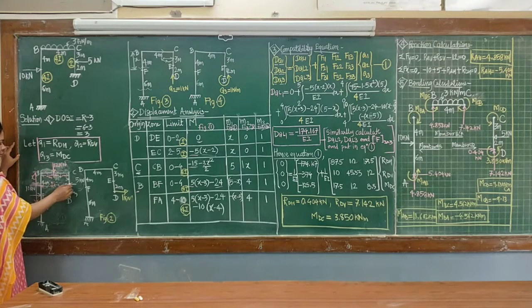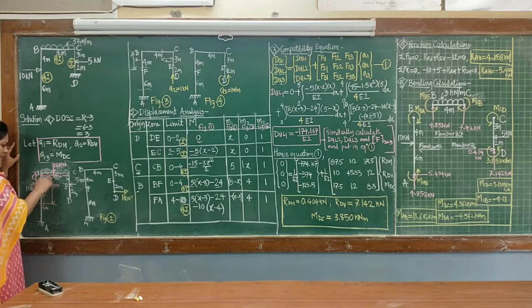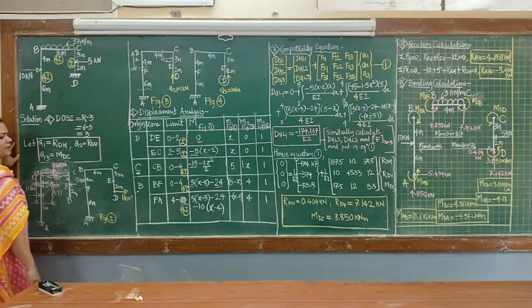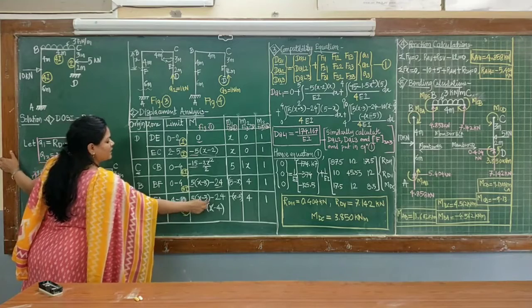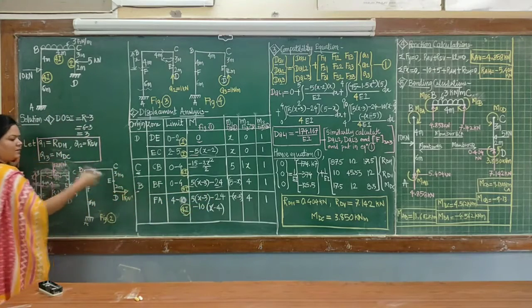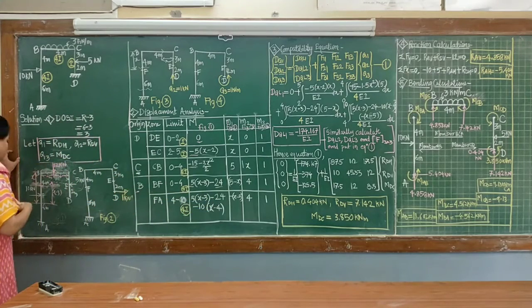The moment of this 5 kilonewton about this point is positive, anti-clockwise: 5 into, now this distance will be, total is x, subtract 3, x minus 3. So 5 into x minus 3, minus 24. That moment will remain constant in the next zone also.